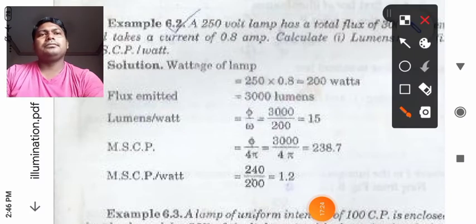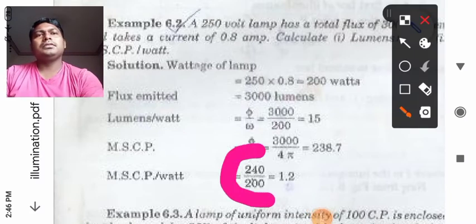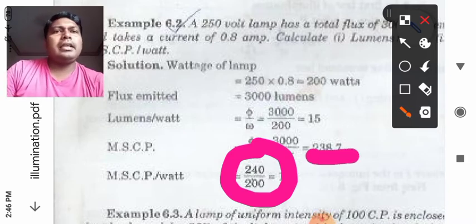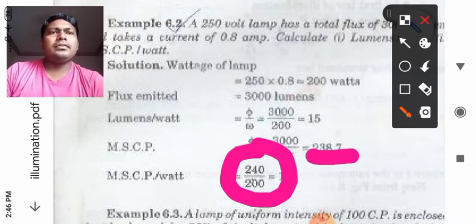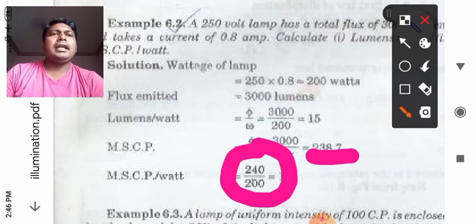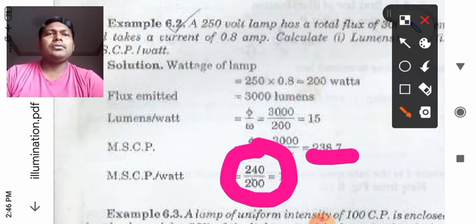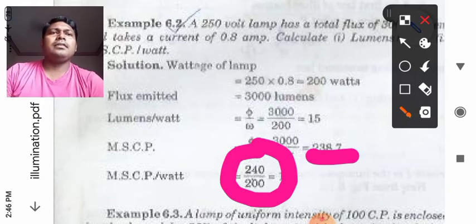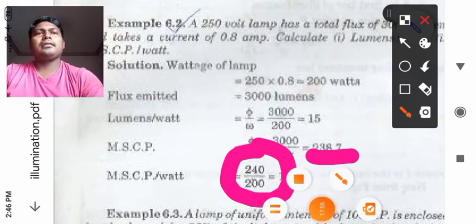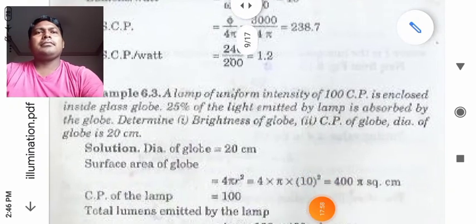This is the MSCP, which is equal to 238.7, and it has been taken as approximately 240 to make the calculation simpler. So we have taken 240. Next example.